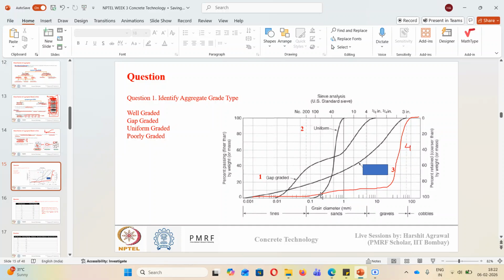You can see there is a continuous increase in percentage passing of aggregate from 0.1 to 1 mm. So this is a uniform gradation. Suppose this batch has aggregate in this range only, from 0.1 to 1 mm. Suppose we are talking about fine aggregates. In fine aggregates, you can see there is a regular increase with the increase in sieve size between 0.1 and 1 mm. So that's why it is uniformly graded.